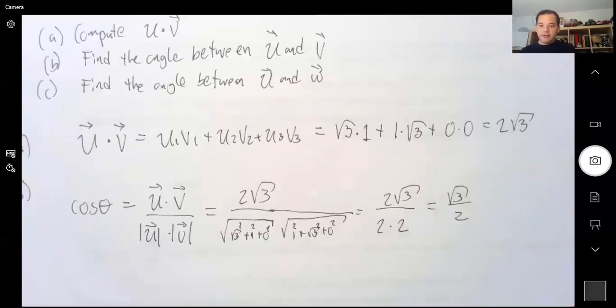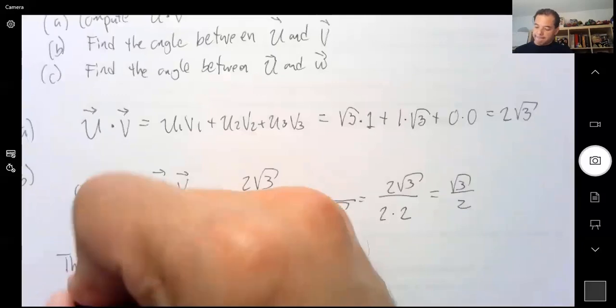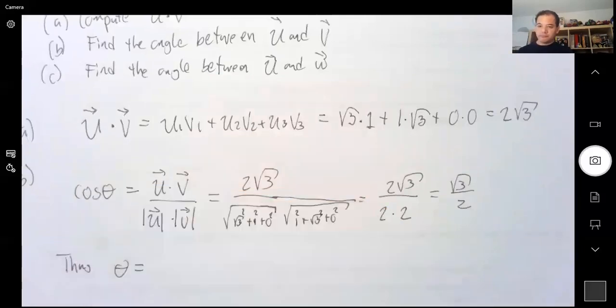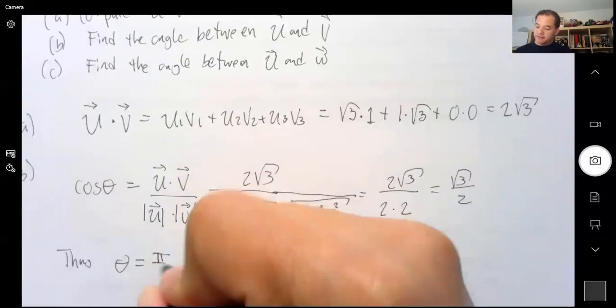Yes? And then if the cosine is square root of 3 over 2, what is the angle? Is it pi over 6? Yes, 30 degrees, right?